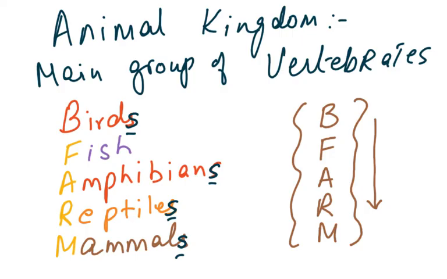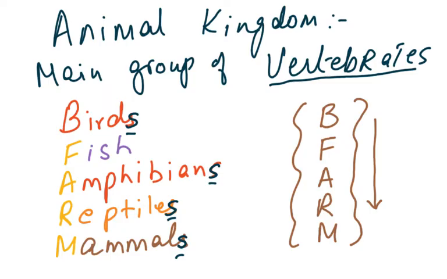Now the next topic is we have to know the features of the animal kingdom and the main groups of vertebrates. Now what are vertebrates? Vertebrates are those which have a vertebral column, which have a backbone. And there are non-vertebrates which don't have a backbone. Now the main headings which you have to understand are birds, fish, amphibians, reptiles, and mammals. And I made a mnemonic for a bee farm.